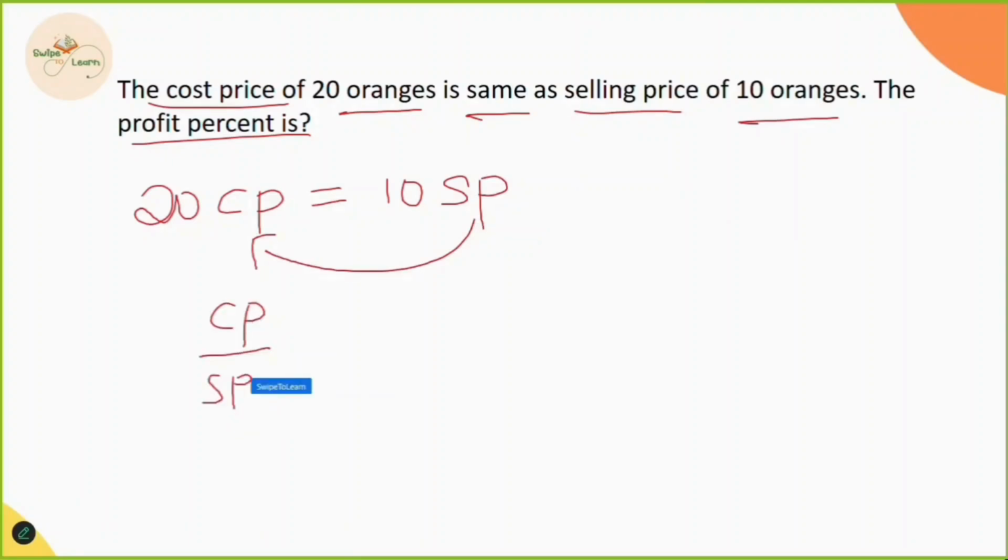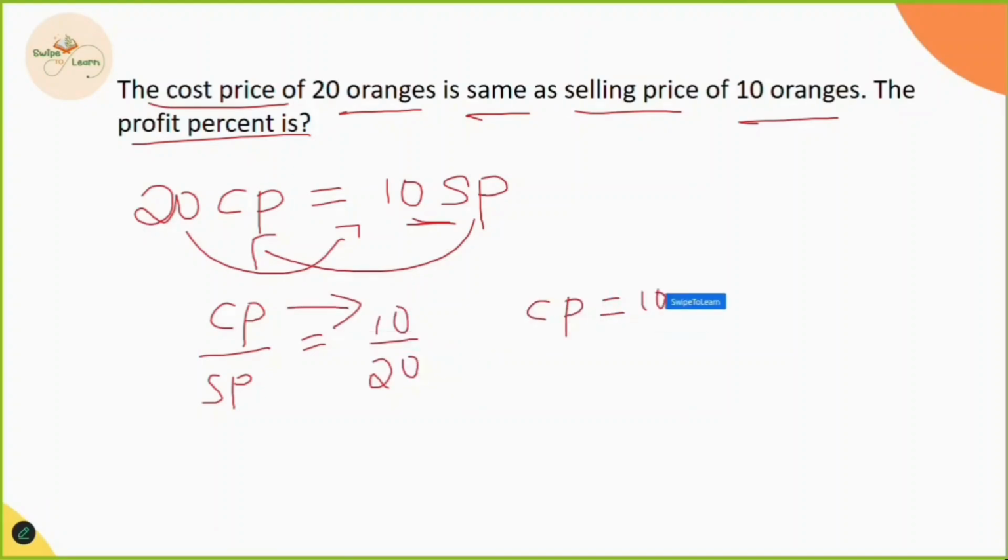See here it is multiplying, so when SP comes this side, it will be dividing. CP divided by SP equals 10 divided by 20. So that means CP is 10 here and SP is 20. So in this kind of problems, when CP is same as SP of the other, we'll write it down as CP divided by SP, so that we can easily know what is CP and what is SP.